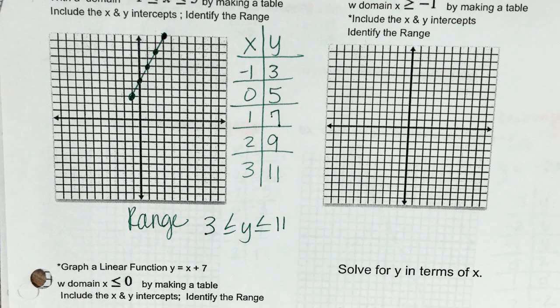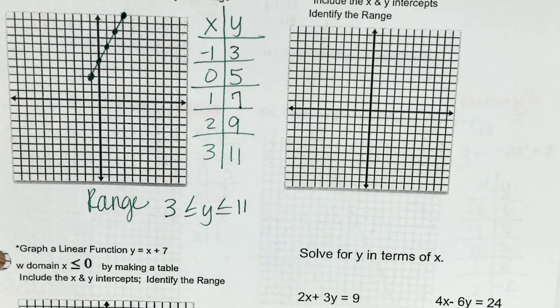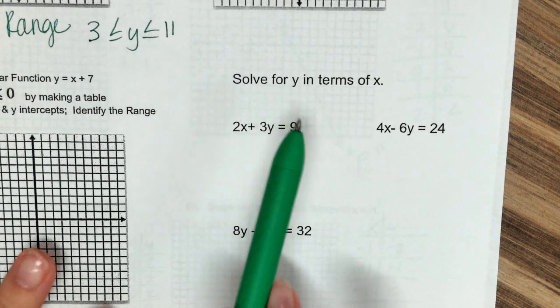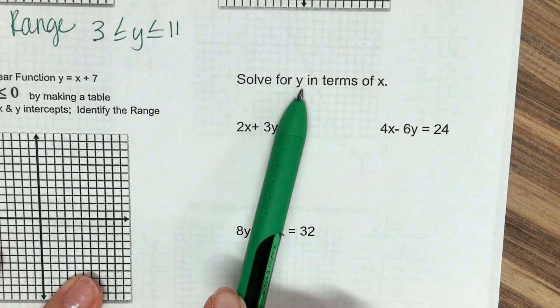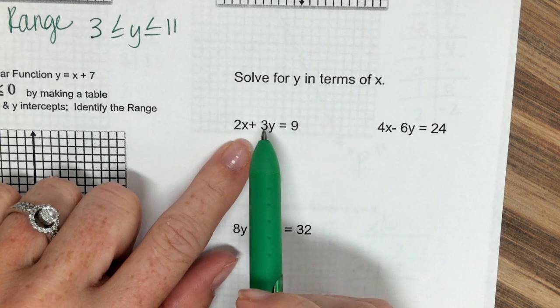How did we do? Good? Do y'all want to do another one? Are y'all sure? Okay, let's do just one of these to make sure y'all are good. Because if the function is not set up for y, you have to do what? You have to solve for y first. So let's just do this one.